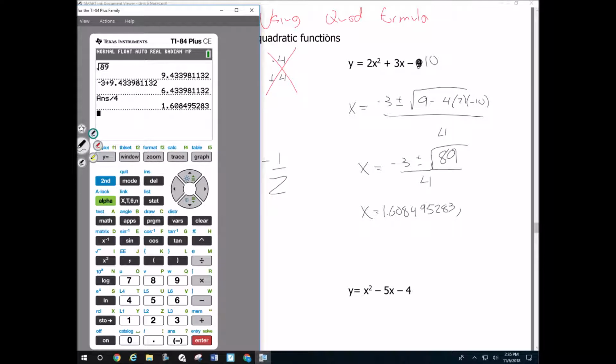Can I make it a fraction? Let's see. Doubt it. Nope. That square root of 89 is not going to work well with me.